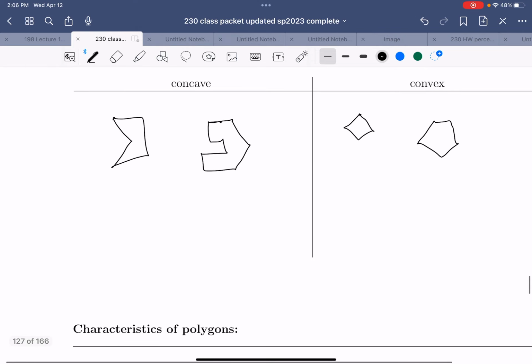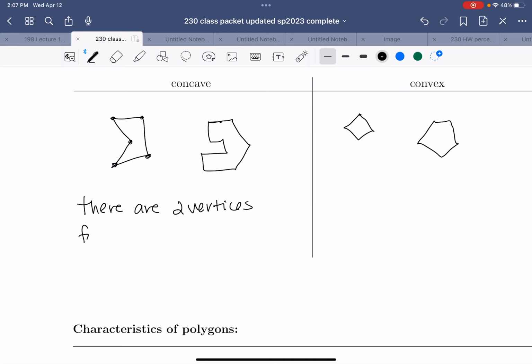Okay, and something that's concave means that if you draw a line, there are 2 vertices, and vertices, by the way, are just your points, for which the diagonal between them, and that just means the connecting line, the line from this one to this one, lies outside the figure.